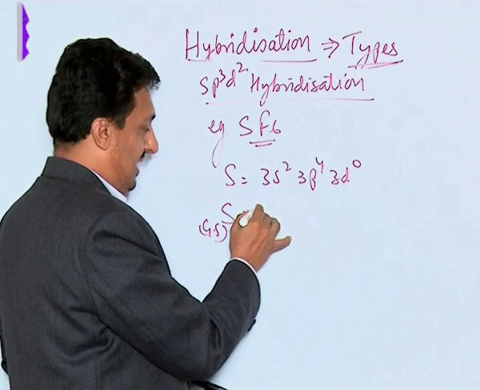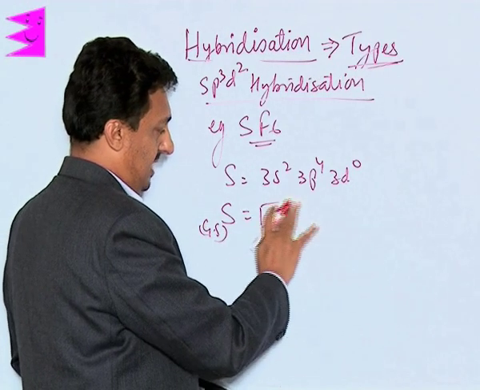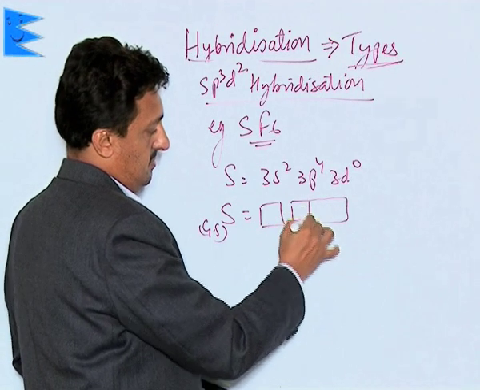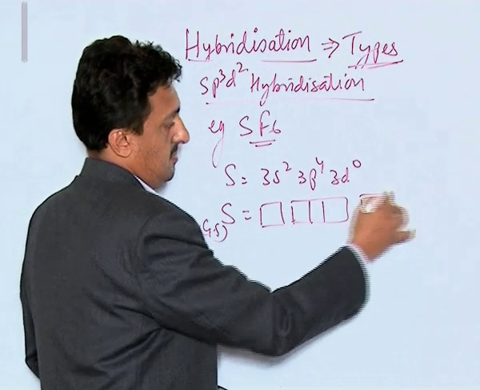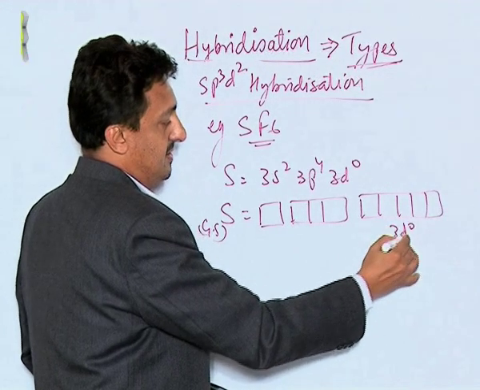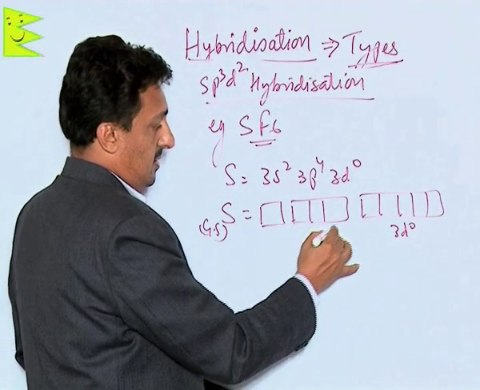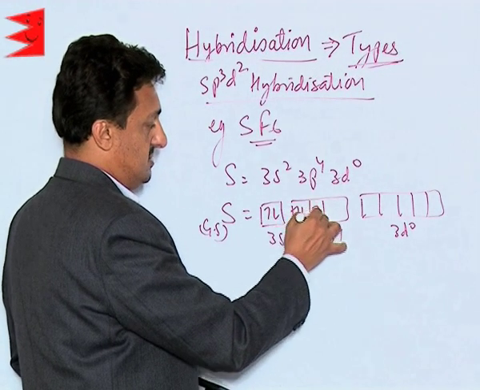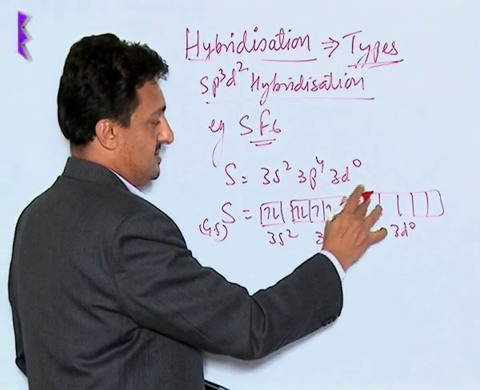Now we can draw it like this in the box diagrams. Again the d is empty, the 3p has 4, 3s has 2 electrons. So it's almost like this.